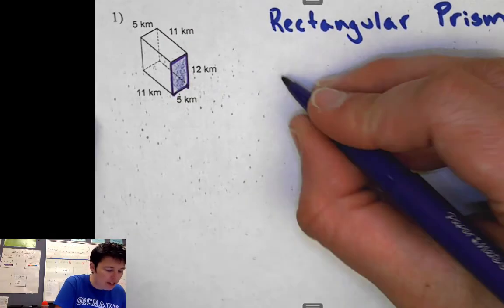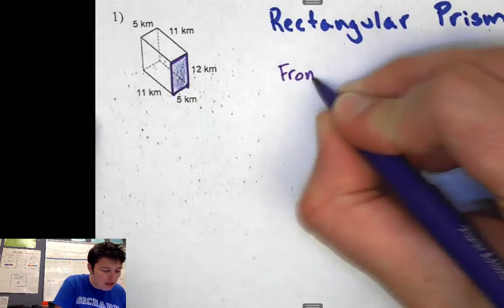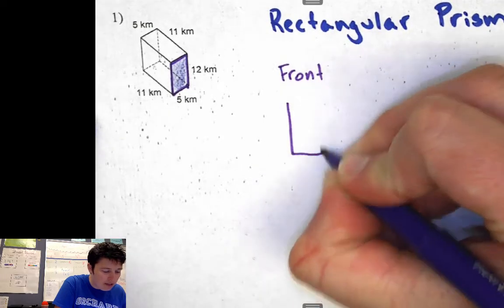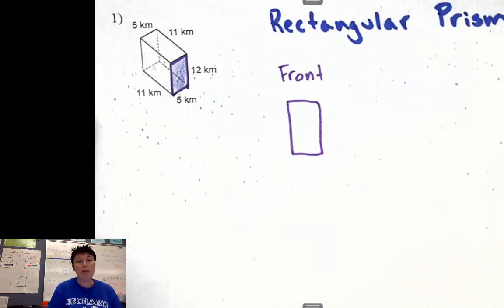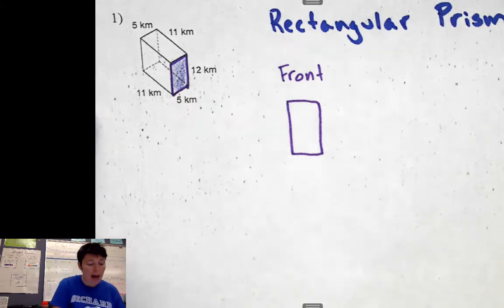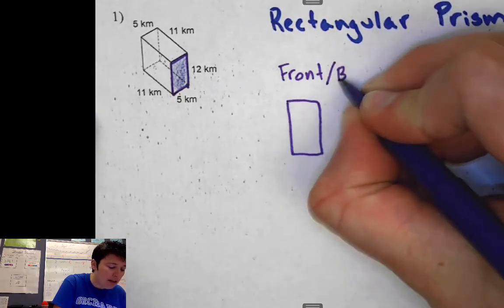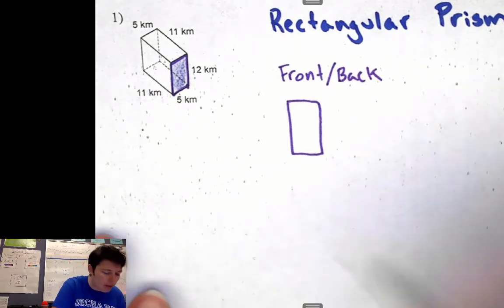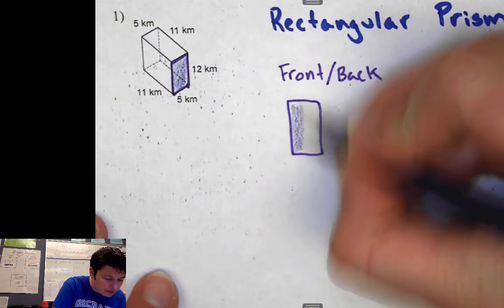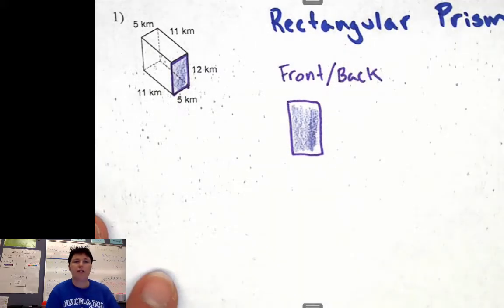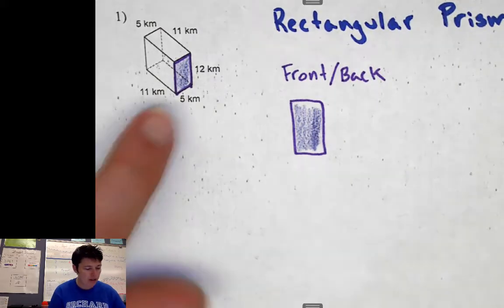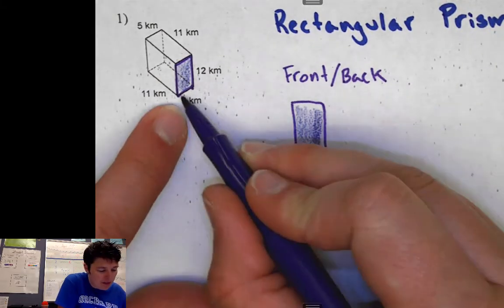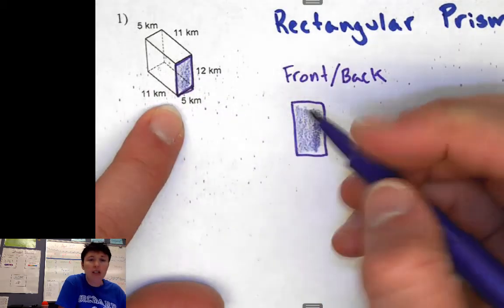So I'm going to write over here the front. Looks kind of like a long rectangle. And we know that the front is going to match the back. So this is the front and the back when you really think about it. And I chose to make that my purplish color here, so I'm going to color that in. Now if you look carefully at our 3D prism, our picture over here says that it measures 5 by 12 kilometers.